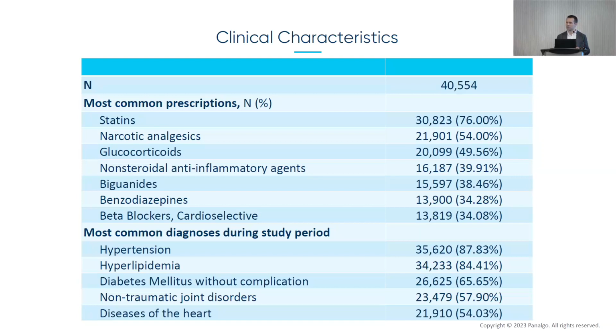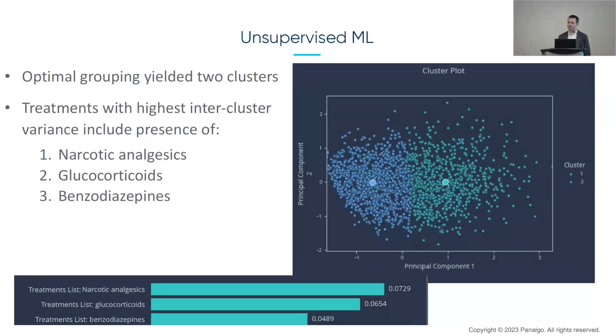But to note, there were over 700 unique treatments identified in this population, and each patient on average had 8 unique treatments. So the permutation and combination of all of these various types for exploration was fairly computationally expensive, which is why we implemented the method that we did with unsupervised clustering.